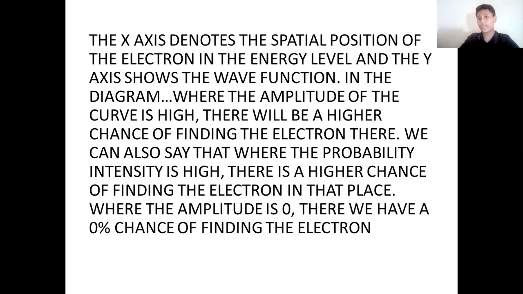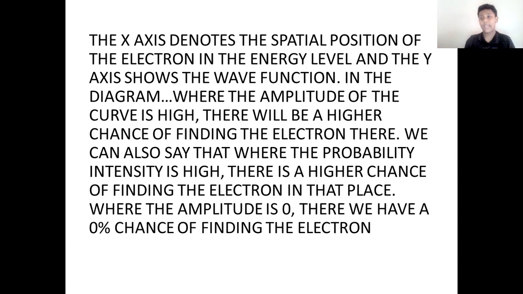Now, while we're trying to find the exact point, we can have a probability graph. What's a probability graph? It has curves of all possible positions. So you have one curve for this point, another curve for this point, another curve for this point, and the final curve for this point. Now let's look at the y-axis. The y-axis determines the wave function.